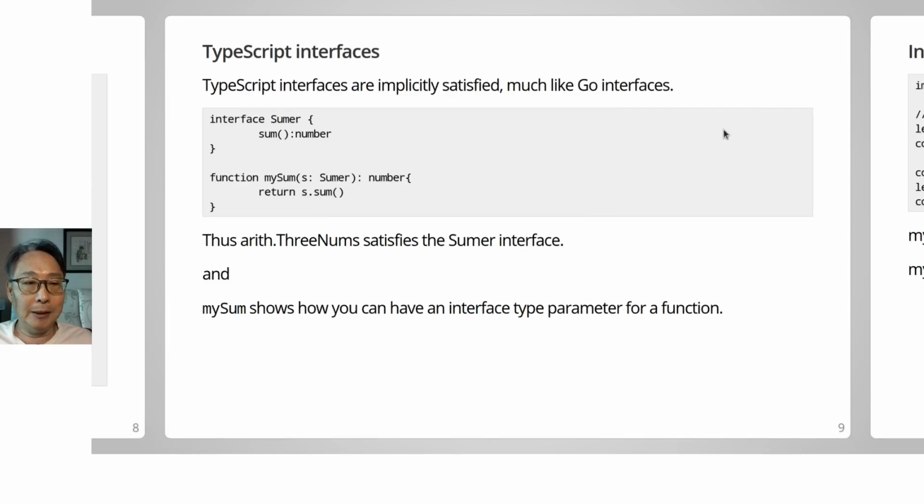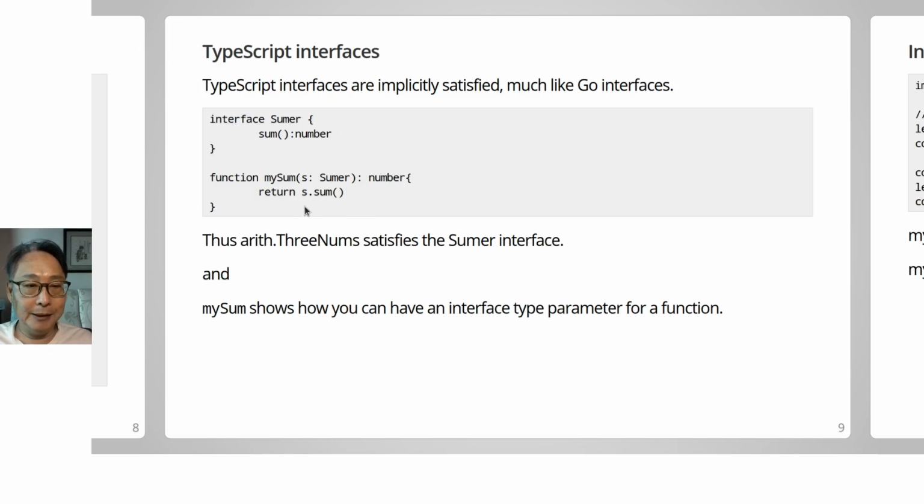Here is how a TypeScript interface is defined, strikingly similar to Go, except of course it is not type summer interface, it's interface summer in TypeScript. And here I've declared a function, an ordinary function, which takes a summer and returns a number.